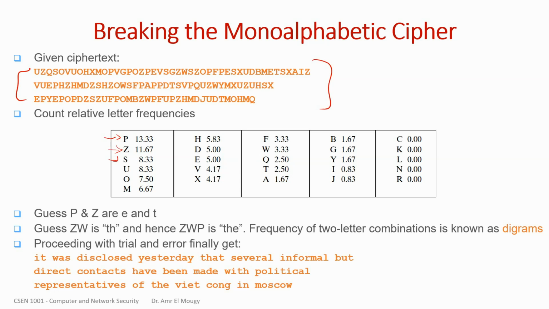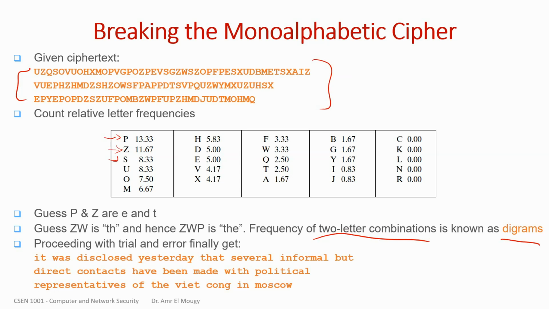Okay, now what we did here is we just guessed single letters. There are additional structures of the English language that can help us with the guess. For example, we can look at the frequencies of two-letter combinations, which are called digrams.